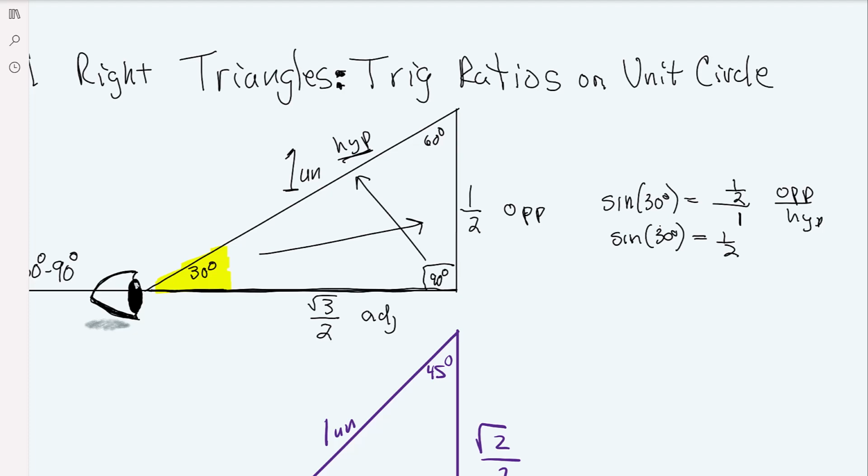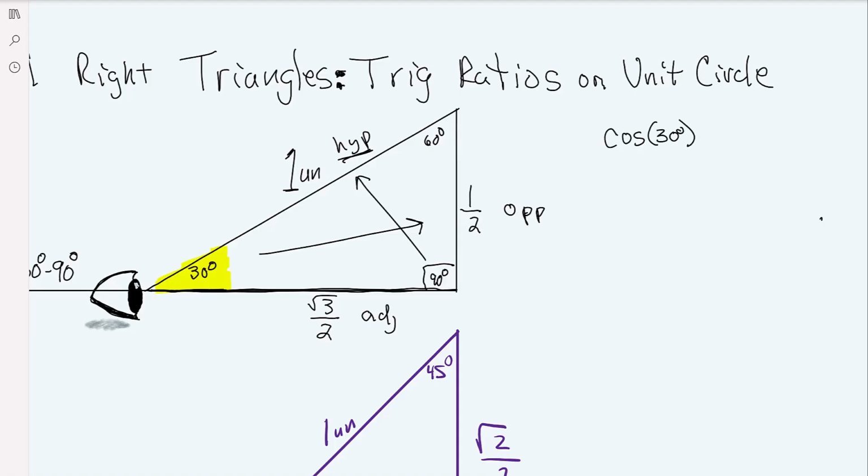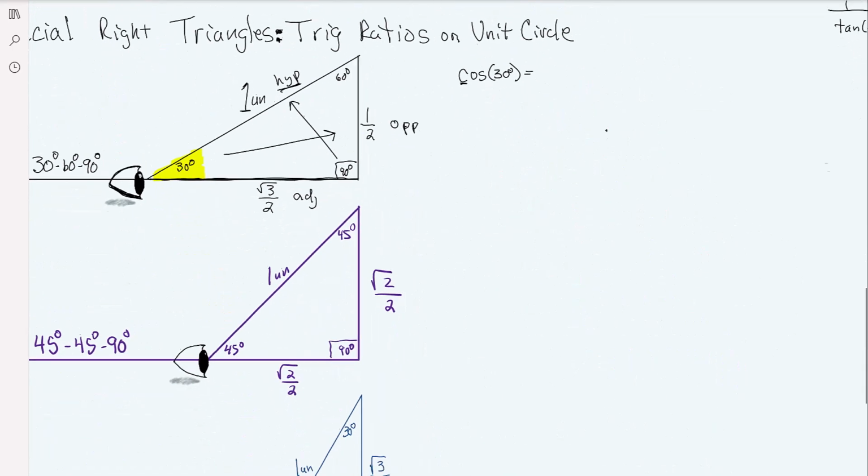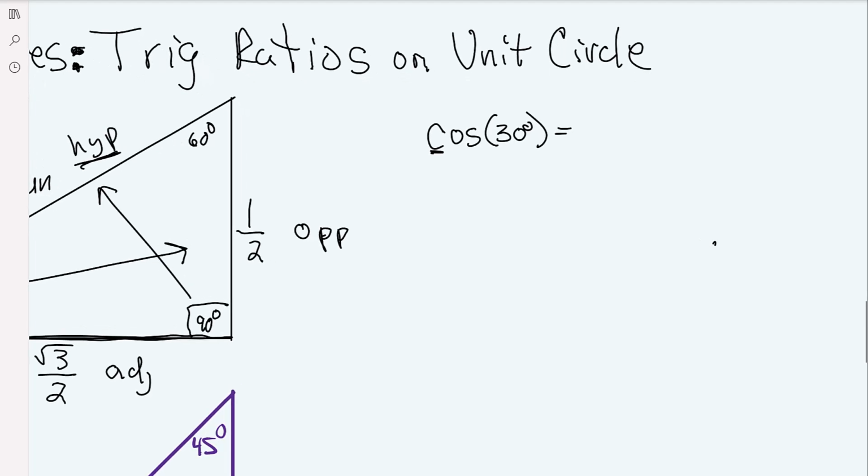Now, from that angle viewpoint, what is the cosine of the 30-degree angle? Cosine is adjacent over hypotenuse. So we take the adjacent side and put it over the hypotenuse side.